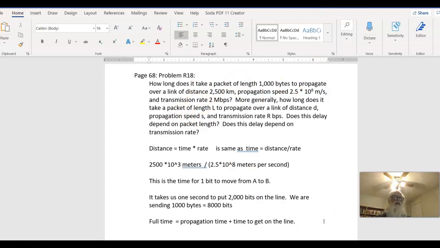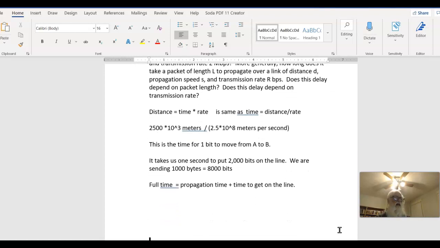Now that works because you think of it this way. When you put the last bit on the line, then that bit takes this time to get across. So you have putting it on the line and getting it across. And you can then think about the rest of that problem.